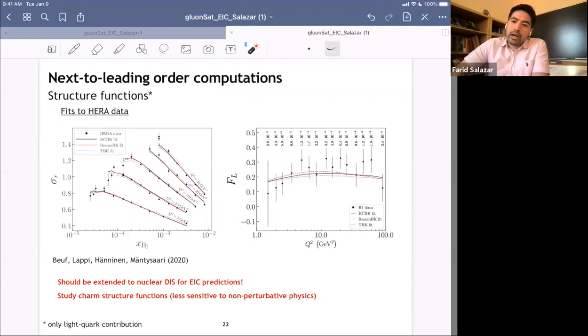If you just look at HERA data, you see that both fits, the LO and NLO fits, are equally good. Perhaps the NLO is slightly better, but the differences won't be so dramatic.